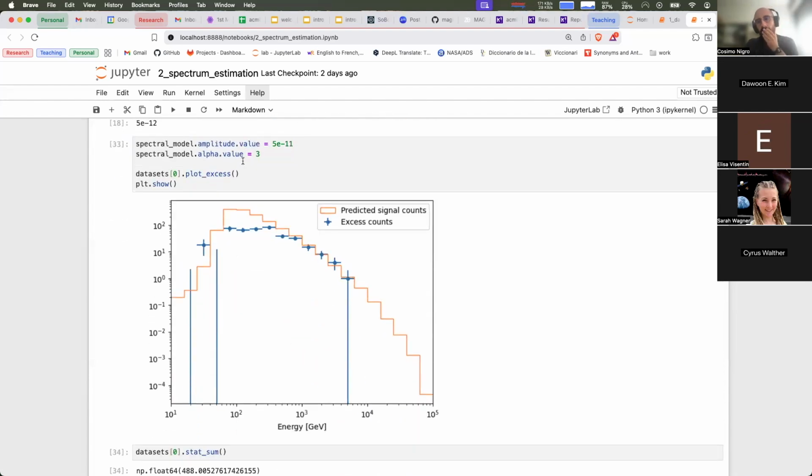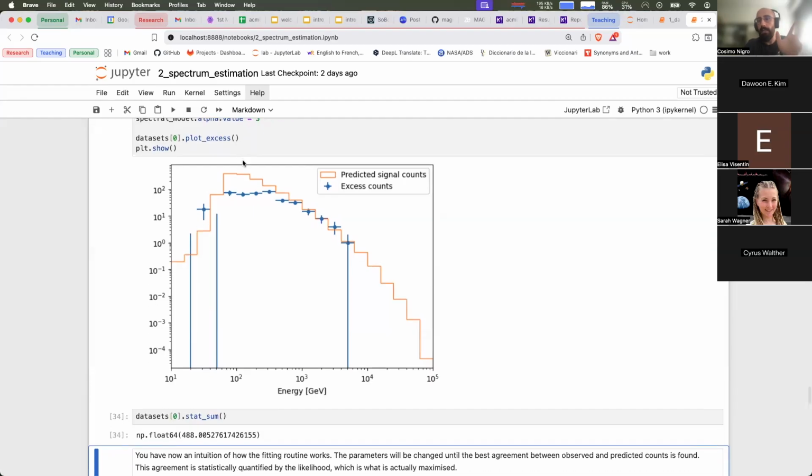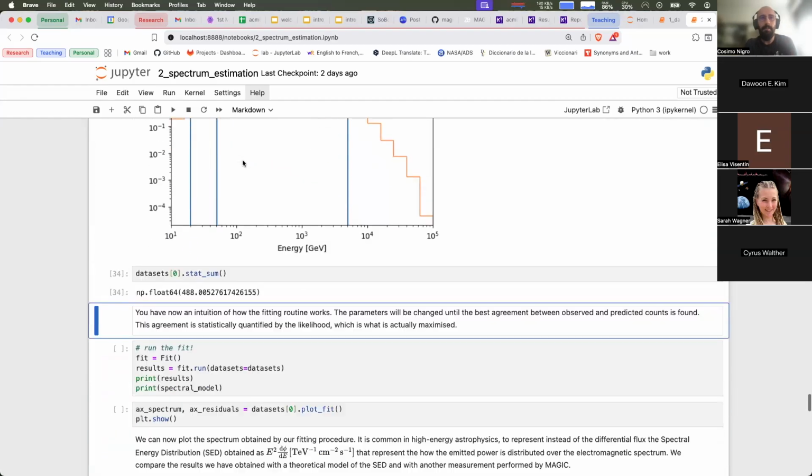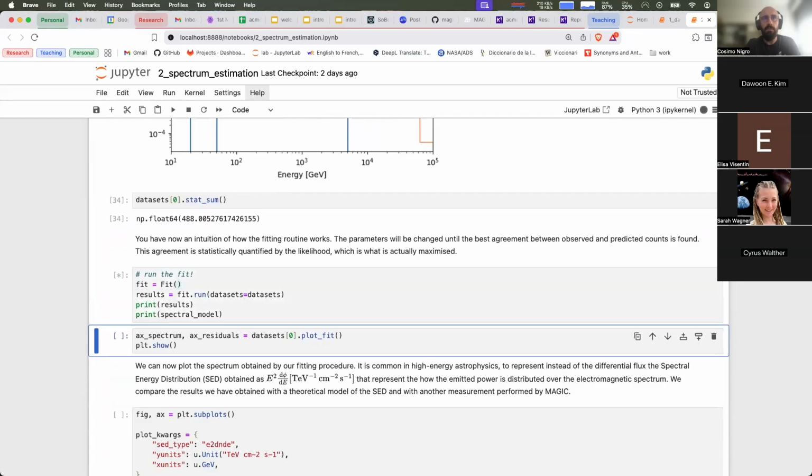Okay, so we got more or less how the optimization algorithm works. So let us let Gammapy do this optimization. This is what the fit function does.